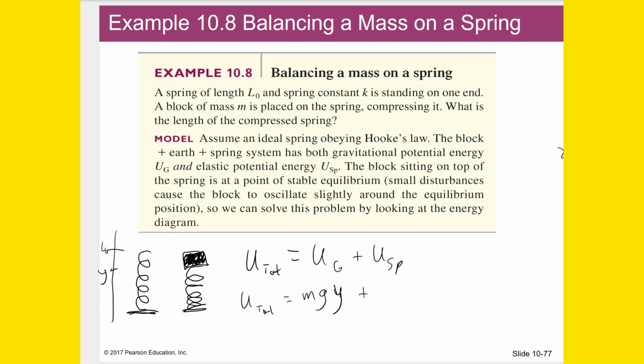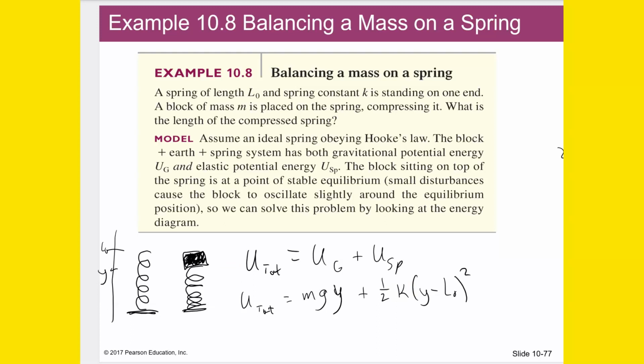And the potential energy of the block on the spring is 1/2 times K times (y minus L naught) squared. It's kind of like the displacement of the spring, but it's oriented in a certain way.